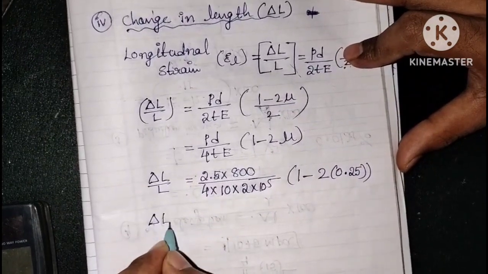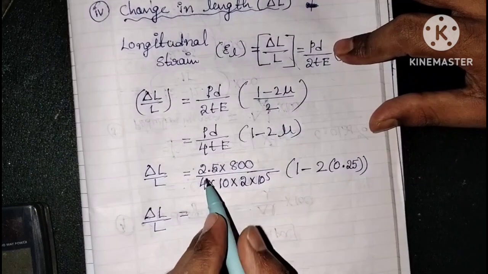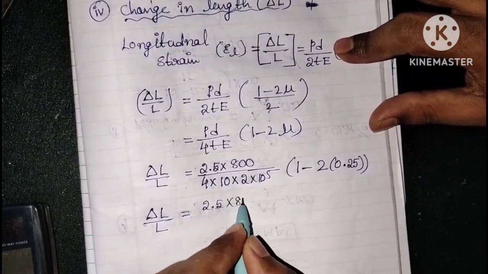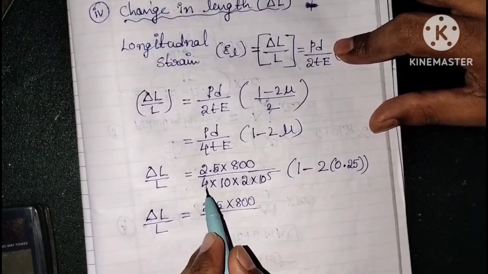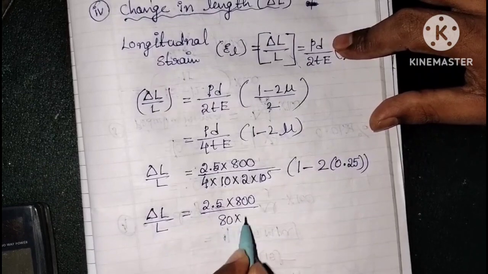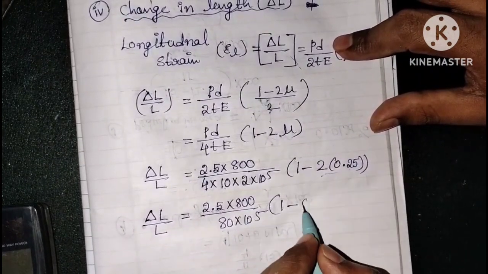So delta L by L is equal to 2.5 into 800 by 4 into 10, 4 twos are 8, 80 into 10 to the power of 5, 1 minus 2 into 0.25, how much? 0.5.